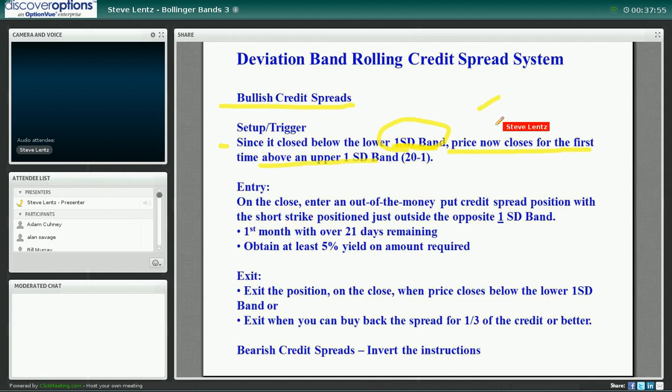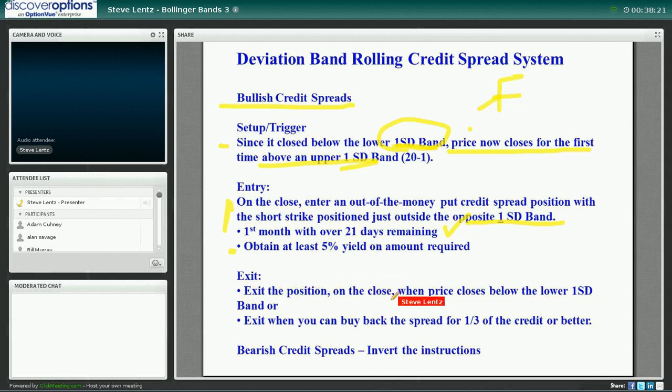So I just showed that to you. Price closes above the band since it closed beneath it, and we're doing the 1 standard deviation. On the close, sell a put credit spread position just outside the 1 standard deviation band on the other side. We're going to do premium in the first month with over 21 days. And we want at least 5% yield, which isn't too much of a problem since we're closer to the market now.